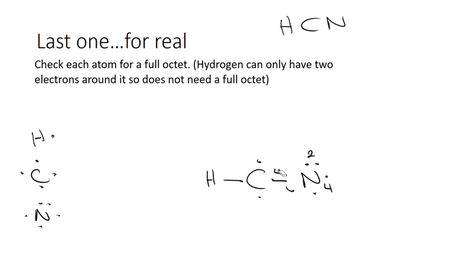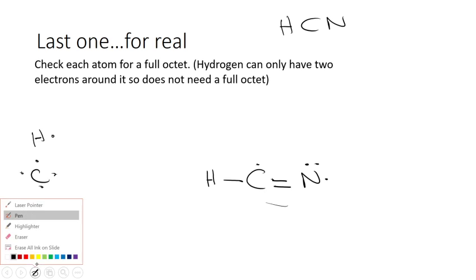Both of them need more electrons. So if we take one of the electrons from each of them, one from here, one from here, we're going to make a double bond, and we'll count again. Now, carbon, hopefully you can see it's got 7. Same with nitrogen, so still not enough.